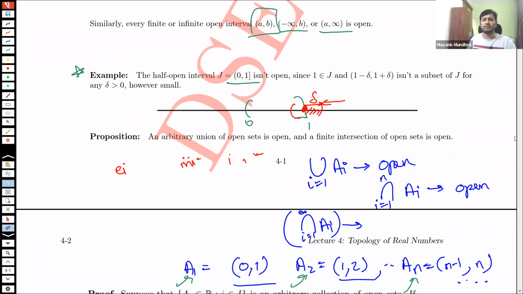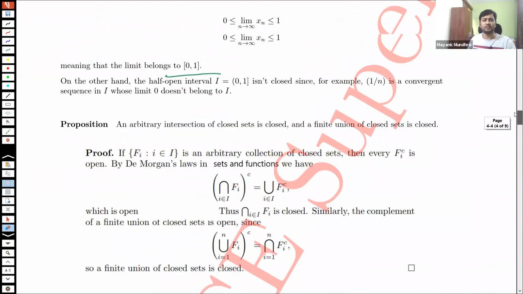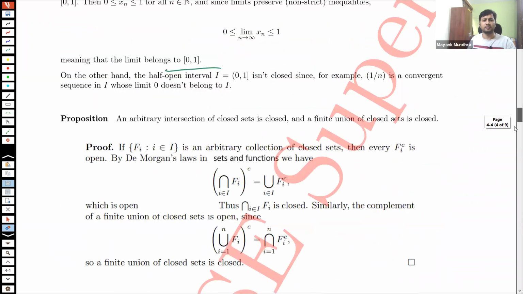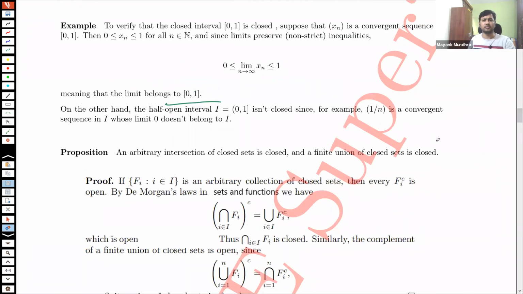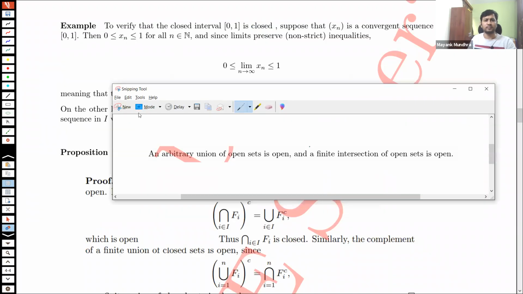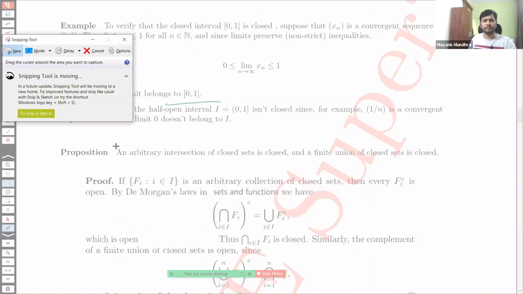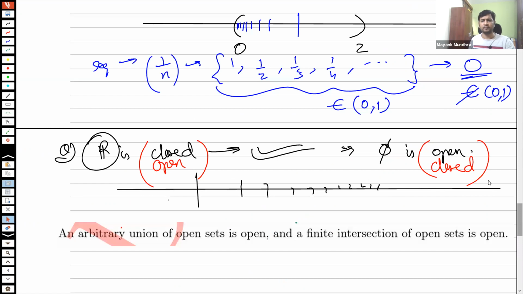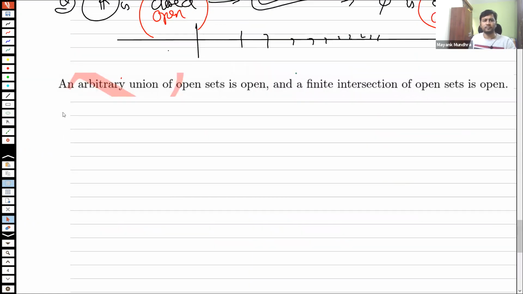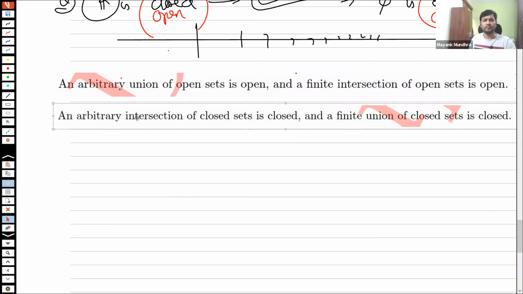And now we have this proposition. This was proposition 1.